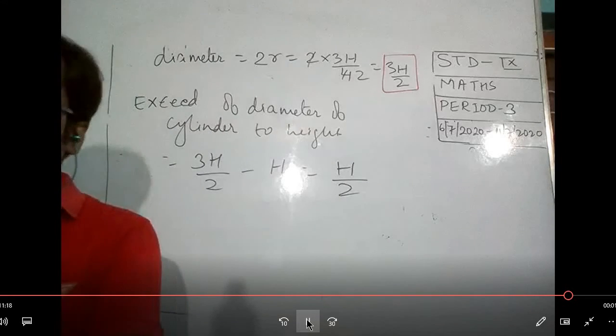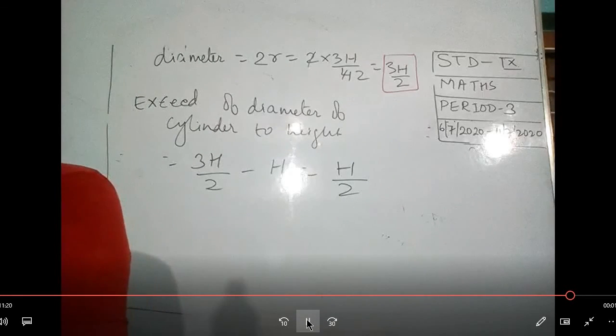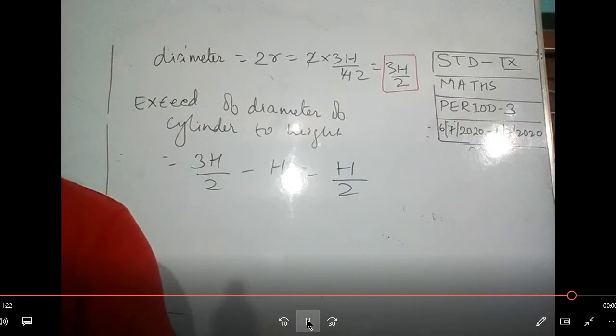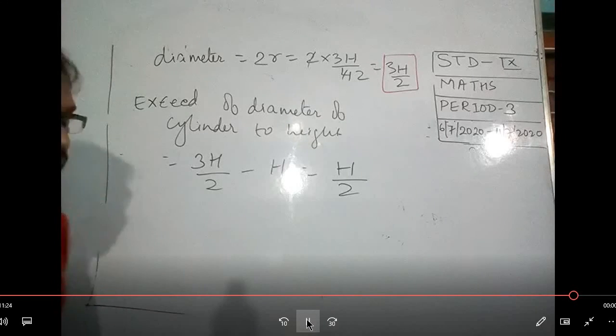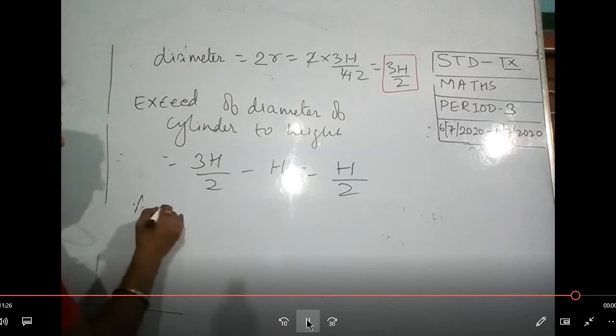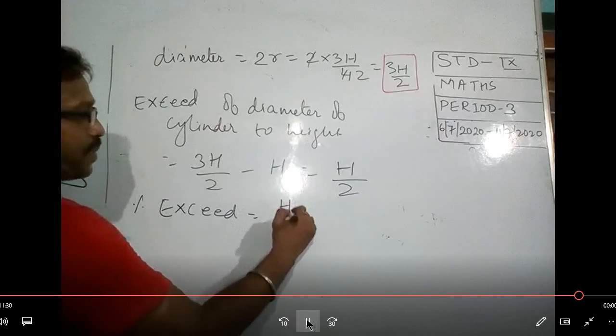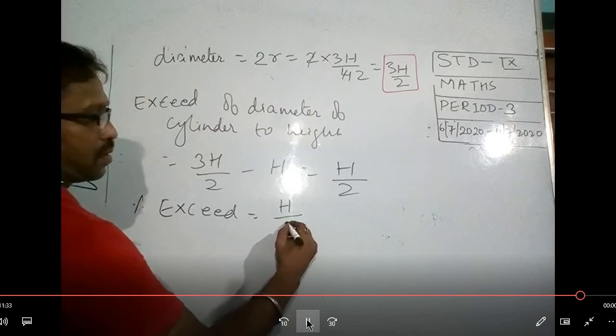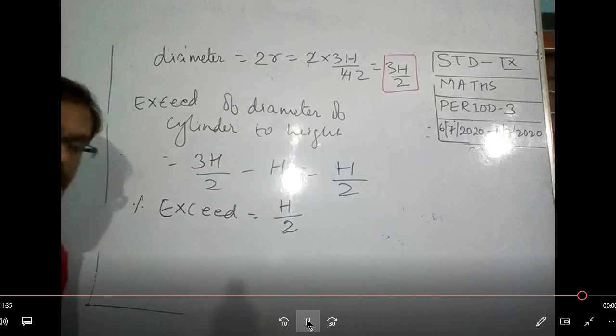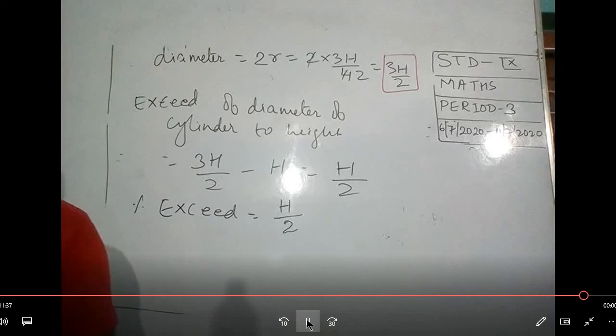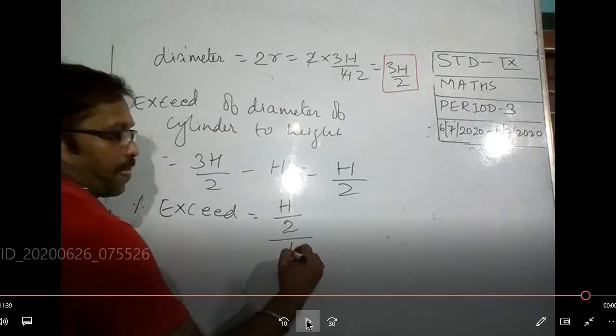Now this has come and we have to compare this with the height only. So we can say that the percentage excess is equal to the net excess, that is h by 2, divided by this h, the original. We know that formula: percentage increase is equal to net increase by the original, and the original is h itself.